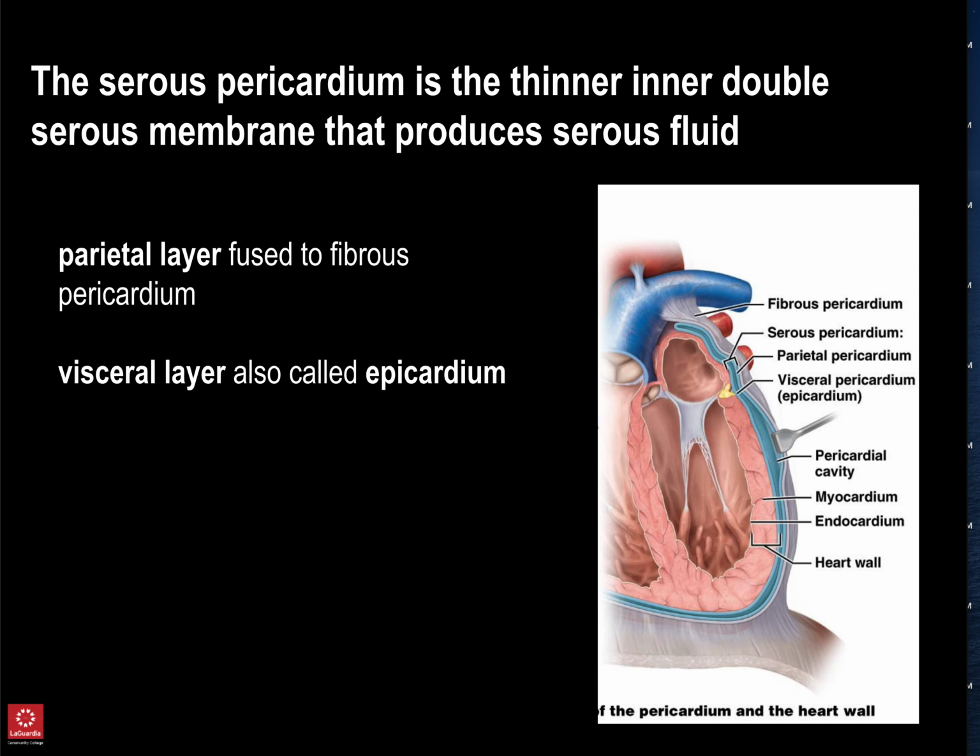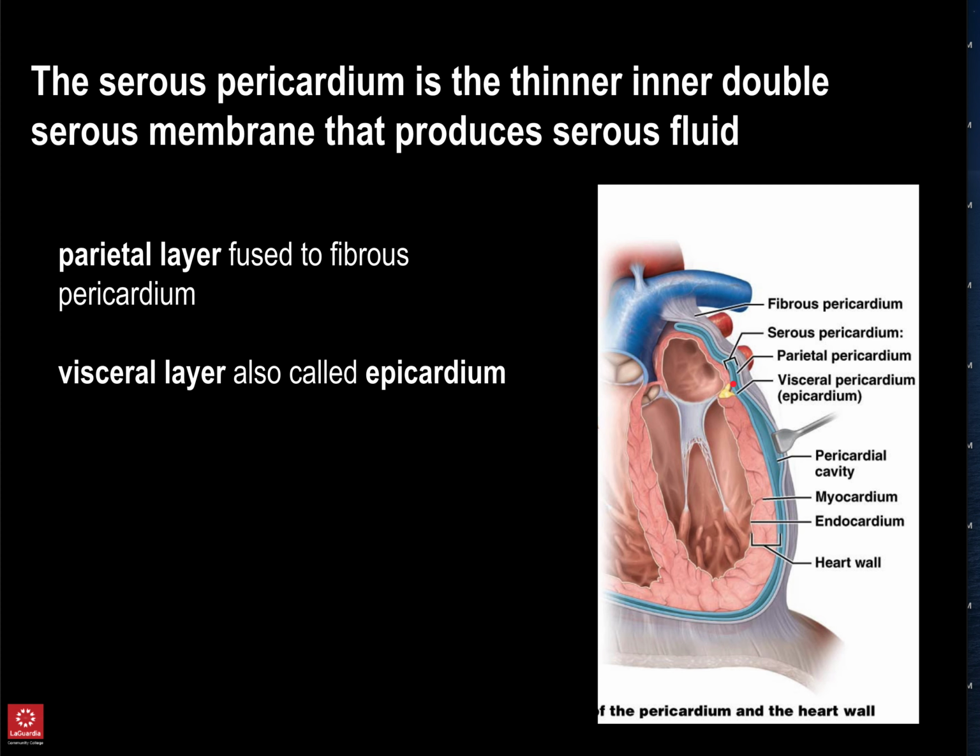So here is our serous pericardium, right here, right? It folds over on itself, and so we have these two layers. The parietal pericardium is the one more exterior, and the more interior, the deeper layer, is the visceral pericardium.